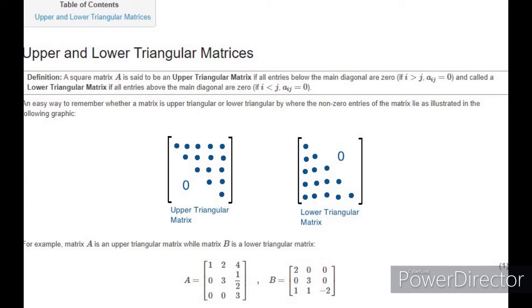So it is called an upper triangular matrix because all the elements under it are equal to 0 while the elements above it are not all 0. Okay? Next, you call it a lower triangular matrix if the elements above the diagonal are equal to 0 and the elements below the diagonal are not equal to 0. So that is the upper triangular matrix and the lower triangular matrix.